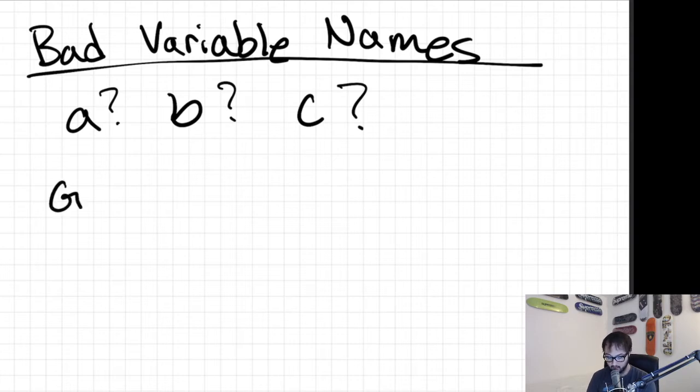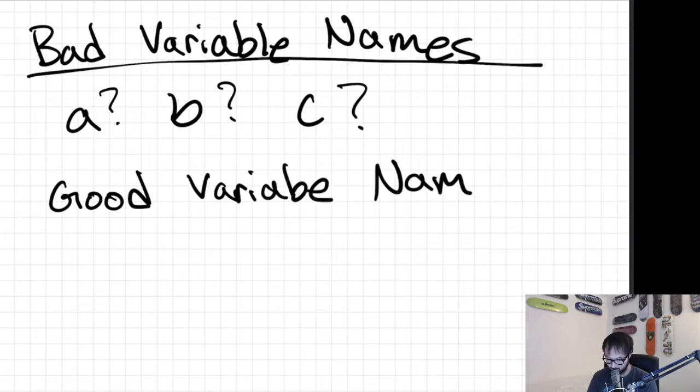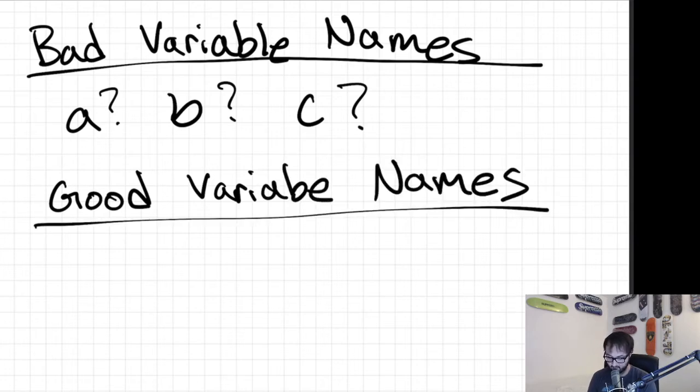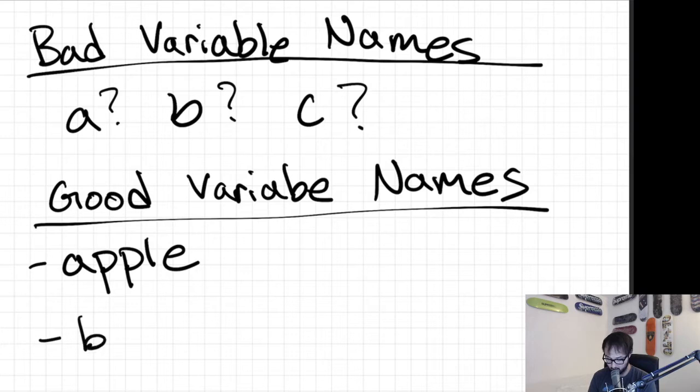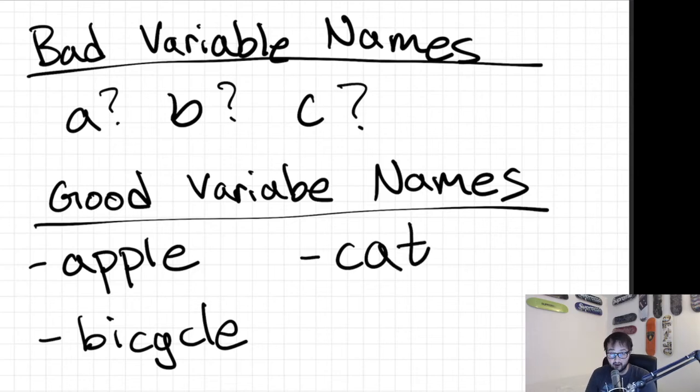But if we use good variable names, we could say something like apple, bicycle, cat. Those are good variable names because when you come back the next day, you go, my apple.